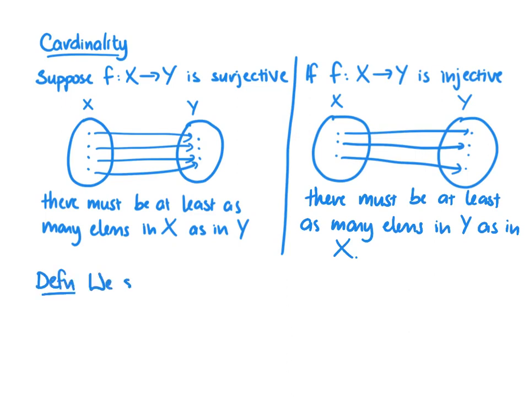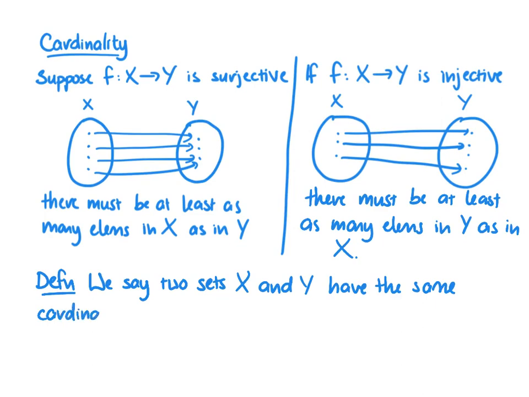Okay, so we say two sets x and y have the same cardinality if there's a bijection from x to y.